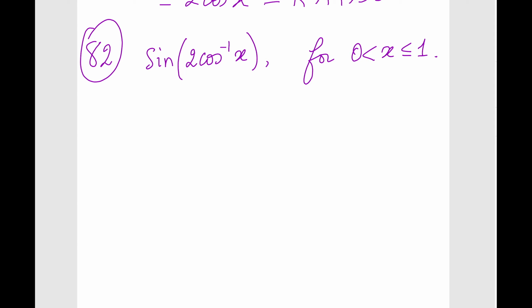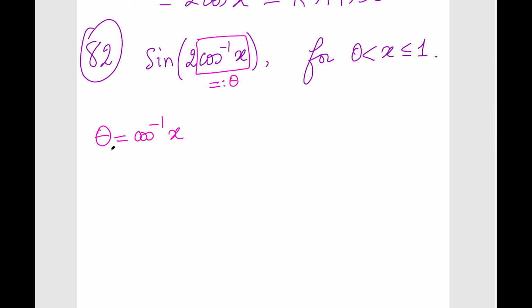All right, so we've done these before, but this is the first time we have twice inverse function acting on something. All right, how about we call this guy theta? So theta is cosine inverse of x. So theta is going to be in the range of cosine inverse.